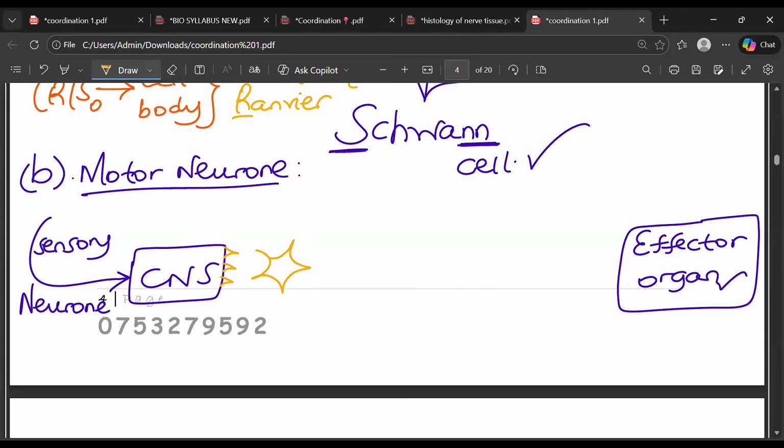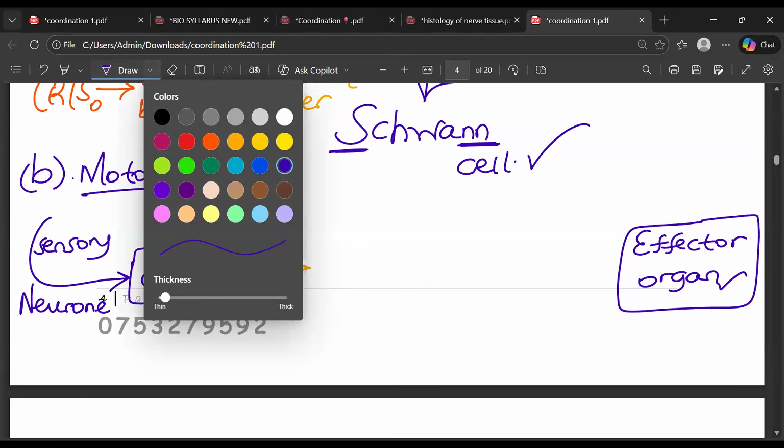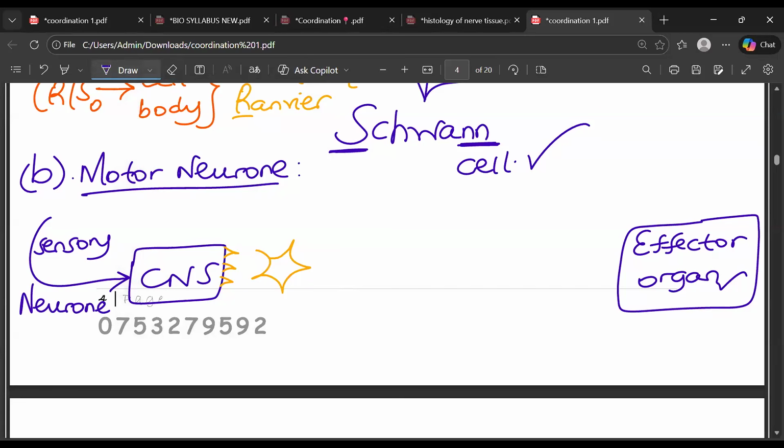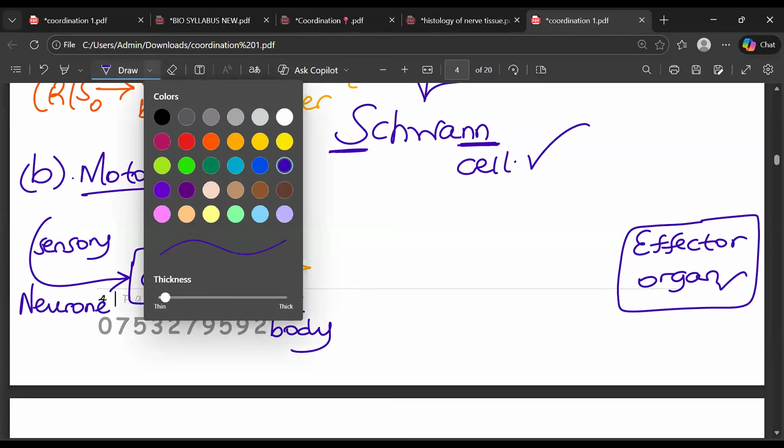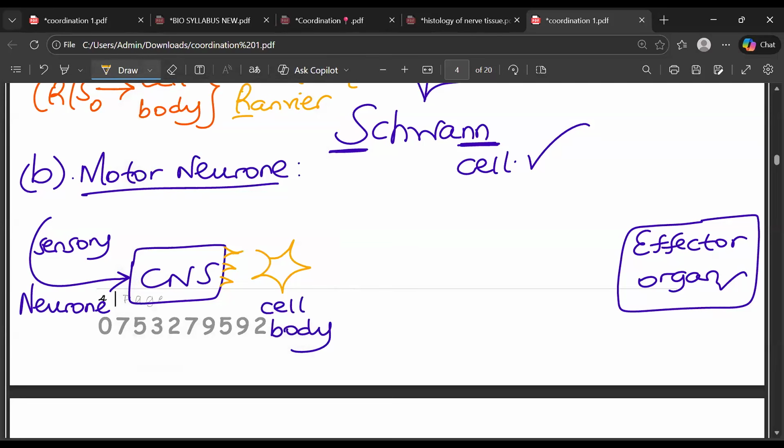Something like that. So this time round, this is our cell body. So we have something different. This time around, our cell body is very near. Yeah, that's the cell body. So these dendrites are actually connecting to the cell body immediately.